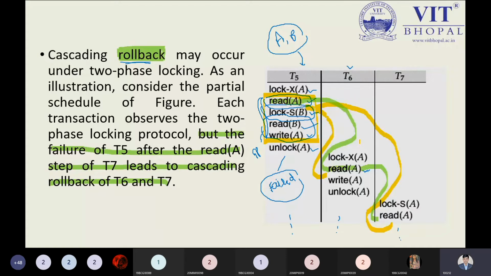Is it clear right now? Yes, sir. Clear. Okay, good. So these are the small concepts we have to keep in mind properly while understanding the database management system.